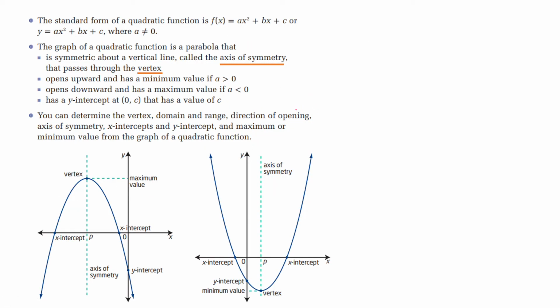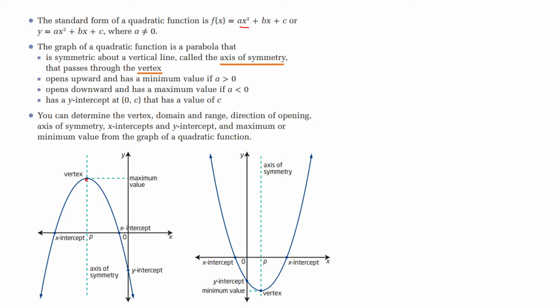So in summary, the standard form of a quadratic function is this. We have a power of 2. And the graph of the quadratic function is a parabola. And we have a vertical line called the axis of symmetry, and the parabola is symmetric about the vertical line.